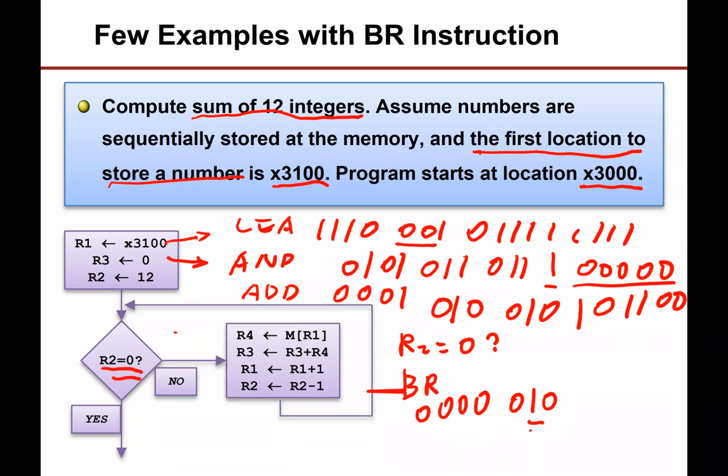This equals 0 means checking whether the lowercase z is set to 1. So this is to check the condition. And then the rest is the PC offset. Here, currently you don't know where to go, so we leave the PC offset blank.